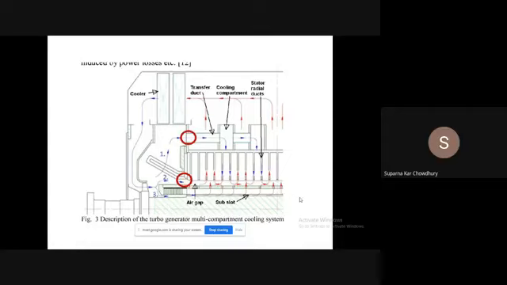Now, next is what should be the quality of the cooling air. For a large machine, this cooling system is normally totally enclosed. Air is let into the system through some inlet, and it is thrown out from some other outlet.